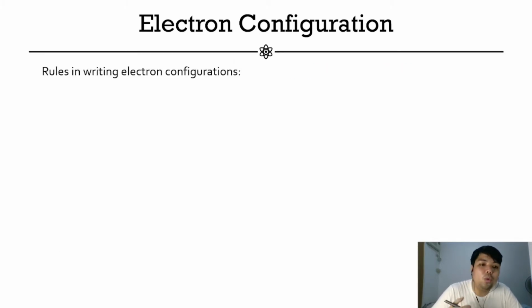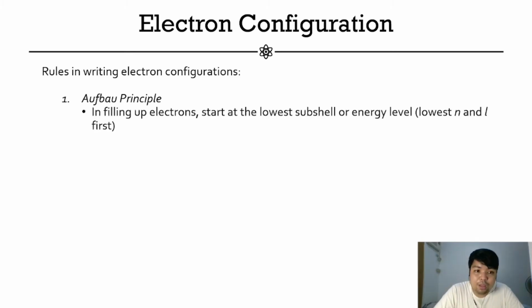There are several rules that we need to follow when we're writing electron configuration. The first one is the Aufbau principle, wherein when we fill up the electrons, we start at the lowest subshell or the lowest energy level. The first one that will be occupied is the one with the lowest value of n and l.